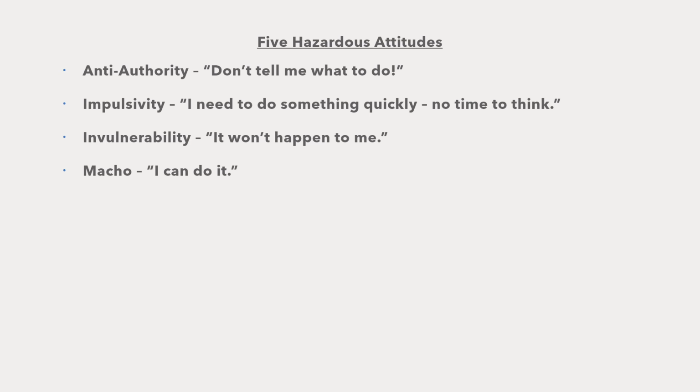Then there's macho. The "I can do it. I can handle things. I'm better." Another person made mistakes, or maybe the conditions are too much for other people, but I can do it. I can handle this.